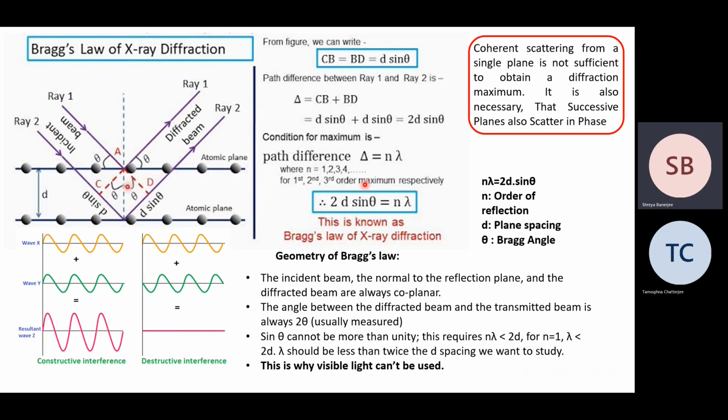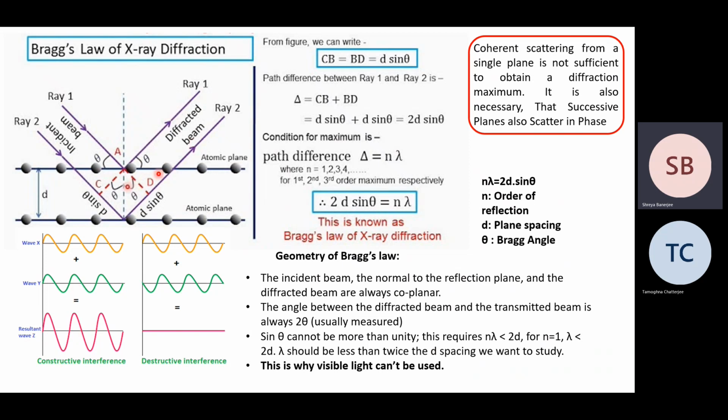Now if this additional distance is an integral multiple of the wavelength, then there will be constructive interference between ray 1 and ray 2. In constructive interference, both the peaks are at the same point and the troughs are also at the same point. So the resultant wave has an amplitude twice that of each of the individual waves.